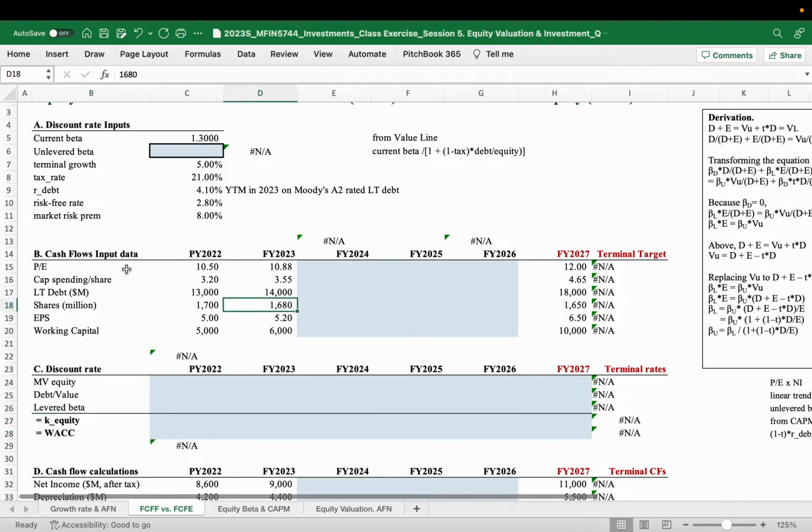Here, for the cash flow input data, we use the PE ratio forecast. If we forecast 12, and the capital expenditures per share, and the long-term debt to shares, EPS, working capital, we need to make an assumption. In 5 years, what is the terminal target first, right?